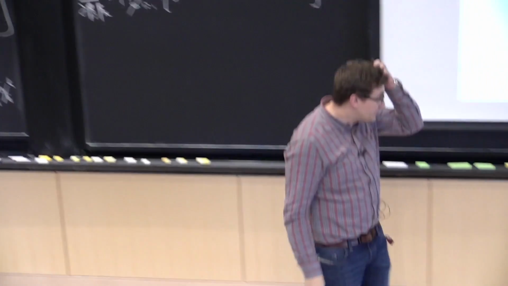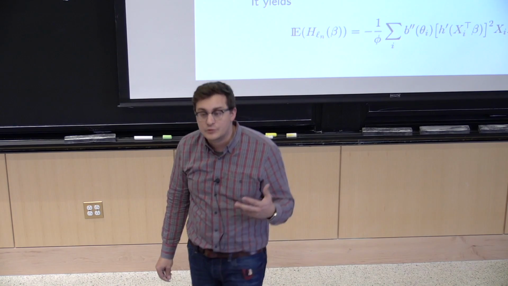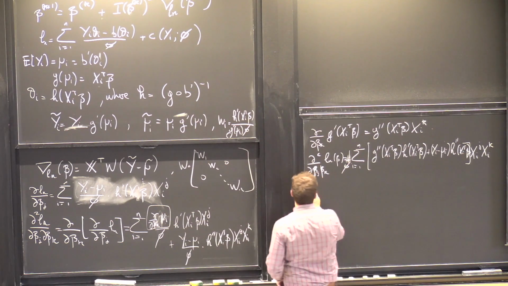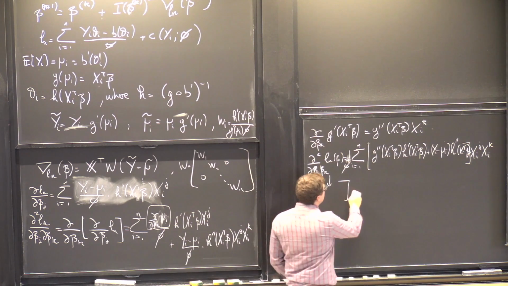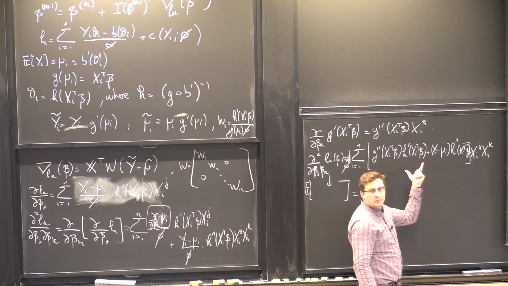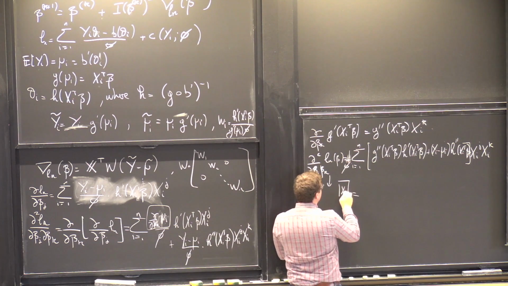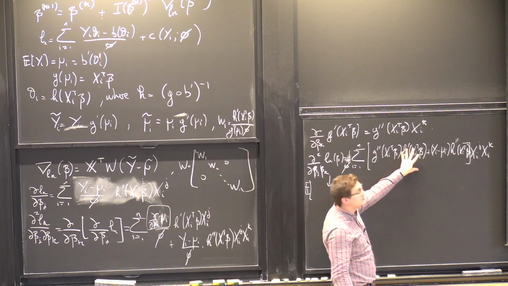Okay, but here I'm looking at Fisher scoring. I'm not looking at Newton's method, which means that I can actually take the expectation of the second derivative. So when I start taking the expectation, what's going to happen? If I take the expectation of this whole thing, and when I say expectation, it's always conditionally on x1, ..., xn, this is just deterministic.